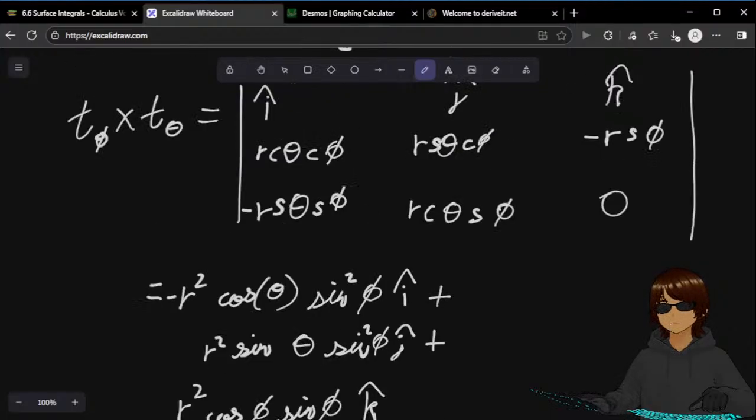And then we have R square, cos theta, cos phi, cos theta, sine phi. This times this. We end up with cos square theta, right? Minus this times this. Then with sine square theta, but cos square and sine square become 1.